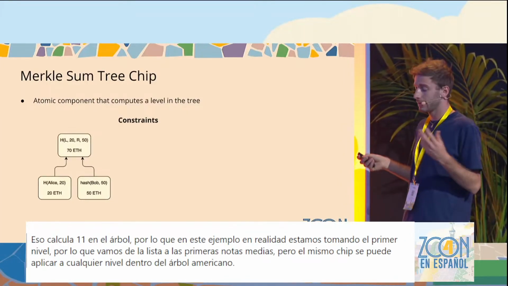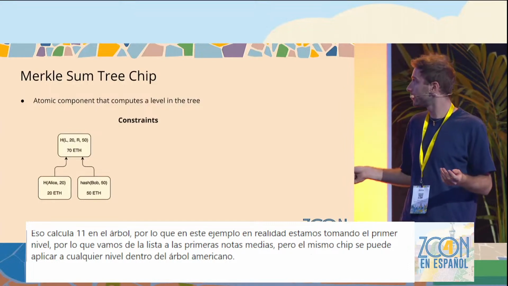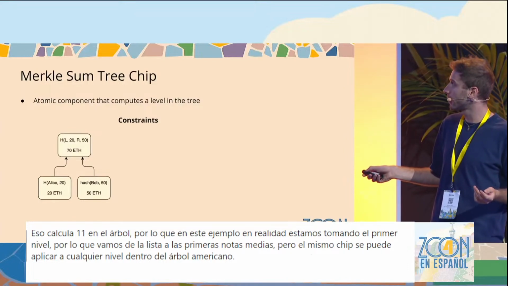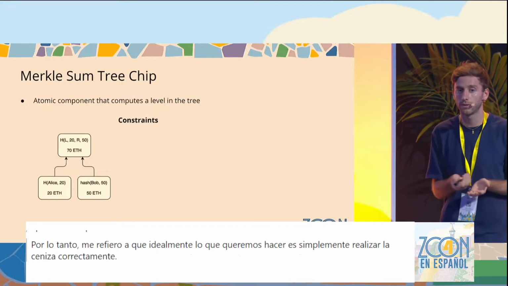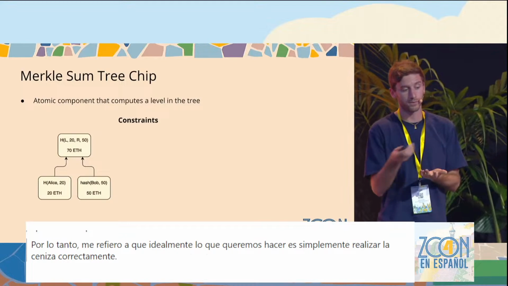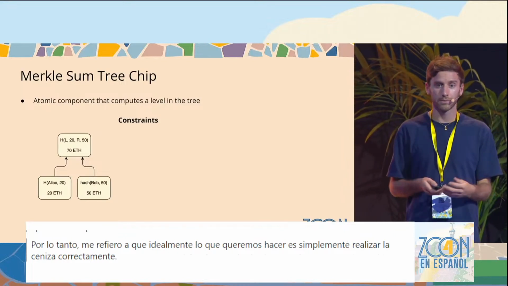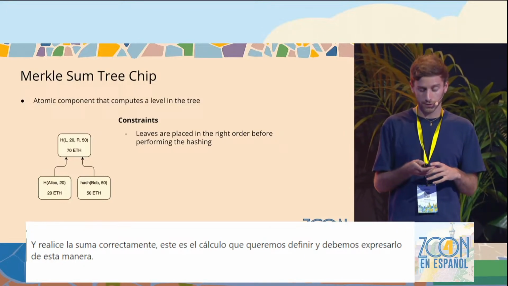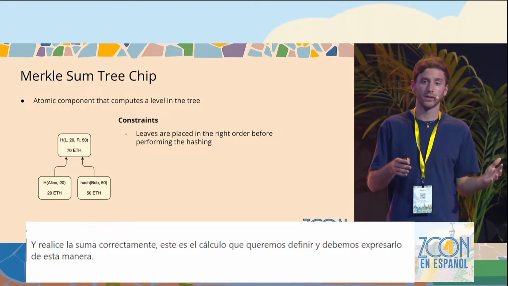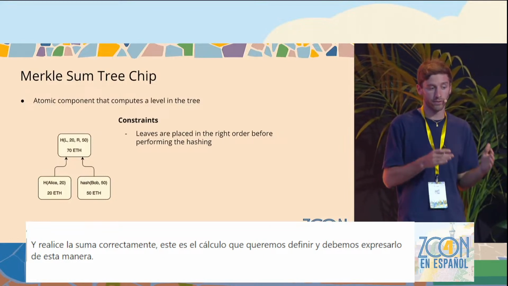Ideally, what we want to do is perform the hashing correctly and perform the sum correctly. This is the computation that we want to define, and we need to express it in the kind of mathematical constraints that we spoke about before. The first thing that we want to constrain is that the leaves should be placed in the right order before performing the hashing.